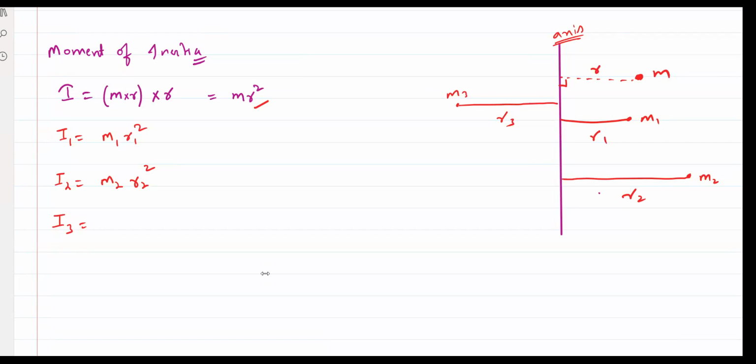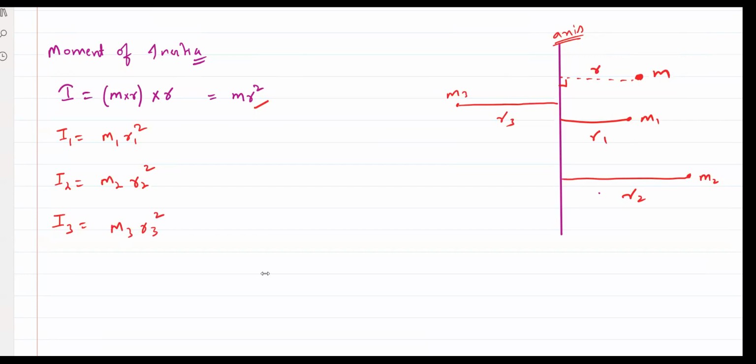Now when you talk about the definition, it is basically a physical quantity which is used to express the opposition toward angular motion or rotational motion. Yes or no? Okay. So I3 is m3 into r3 squared.